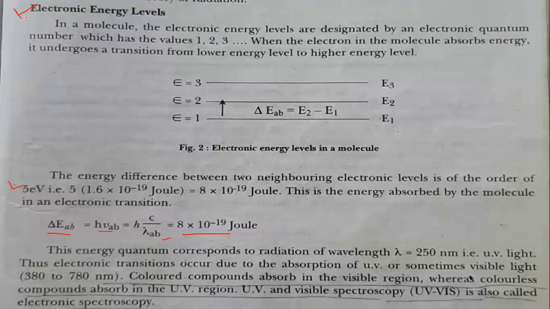If you see here, these are the electronic energy levels E1, E2, E3. When an atom or molecule absorbs energy, it undergoes excitation from the ground state to the excited state. The absorbed energy is given by E2 minus E1, the energy of the upper state minus the energy of the lower state.